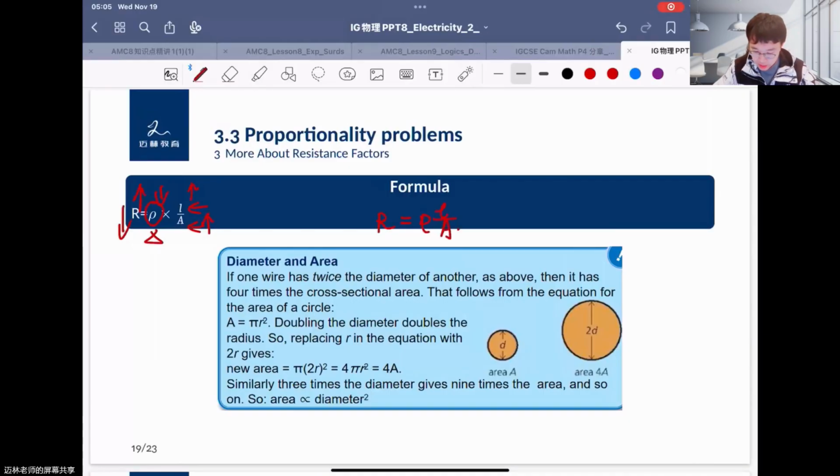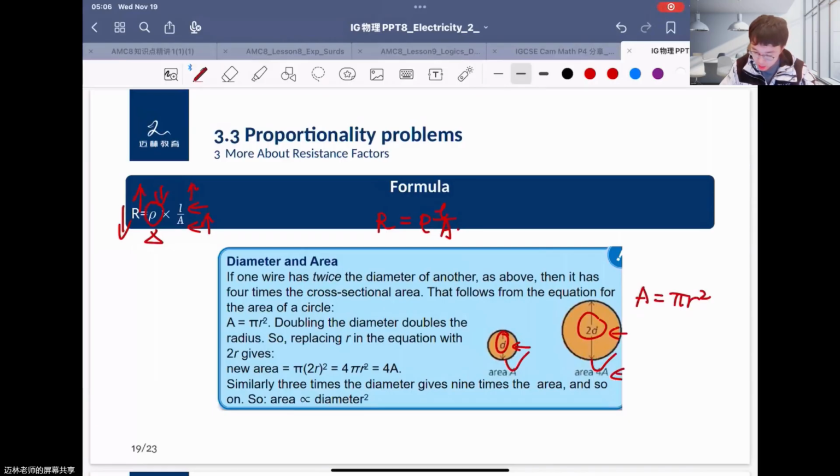Okay, so like you can find there are two kinds of materials. One has area A and another has area 4A. And you'll find that the basic difference is in their diameter. So if a problem asks you, they are the same length and the same material, what is their resistance difference? You can find that because the diameter is 2 times, their cross-sectional area is 4 times, right? Using the formula of a circle, area equals pi r squared.